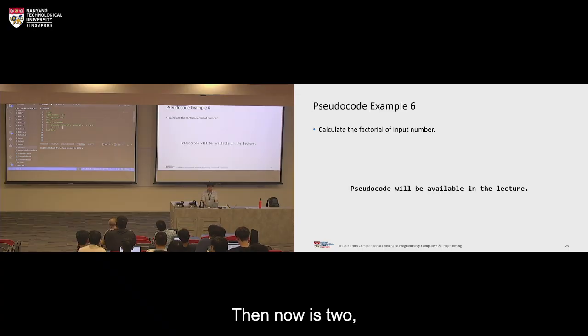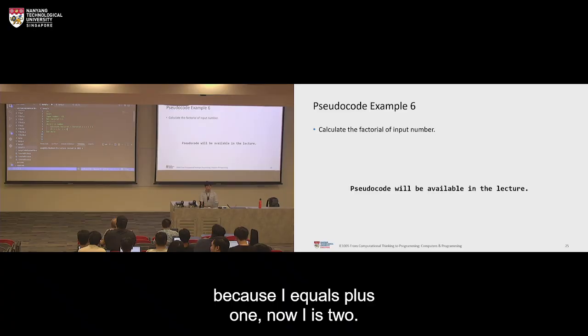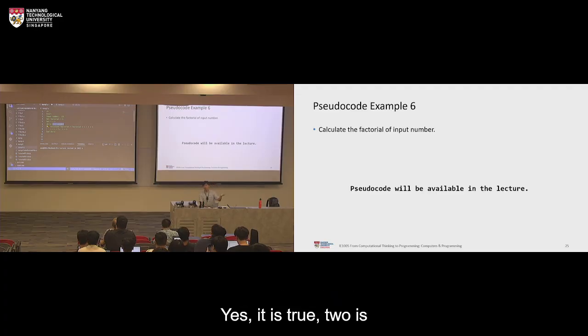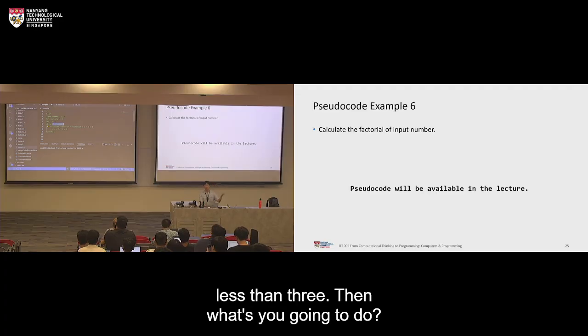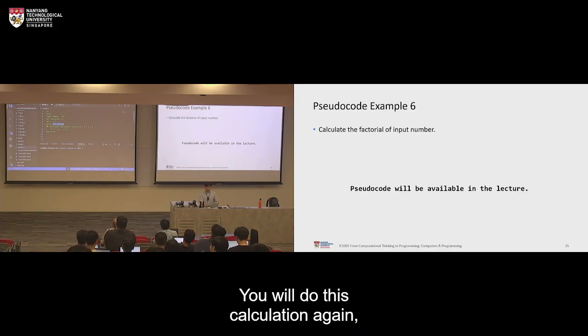Okay. Then now I is 2, because I equals I plus 1. Is it true? I is 2, number is 3. Yes, it is true. 2 is less than 3. Then what are you going to do? You will do this calculation again.